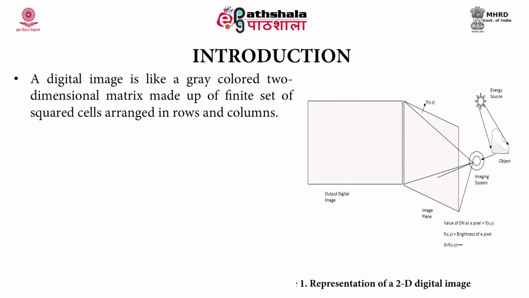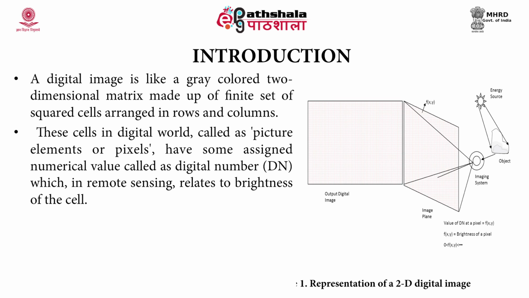A digital image is like a grey colored two-dimensional matrix made up of a finite set of squared cells arranged in rows and columns, as is visible in the figure. These cells in the digital world are called picture elements or pixels and have assigned numerical values called digital numbers, which in remote sensing relate to the brightness of the cell. A row of pixels is called a scan line.